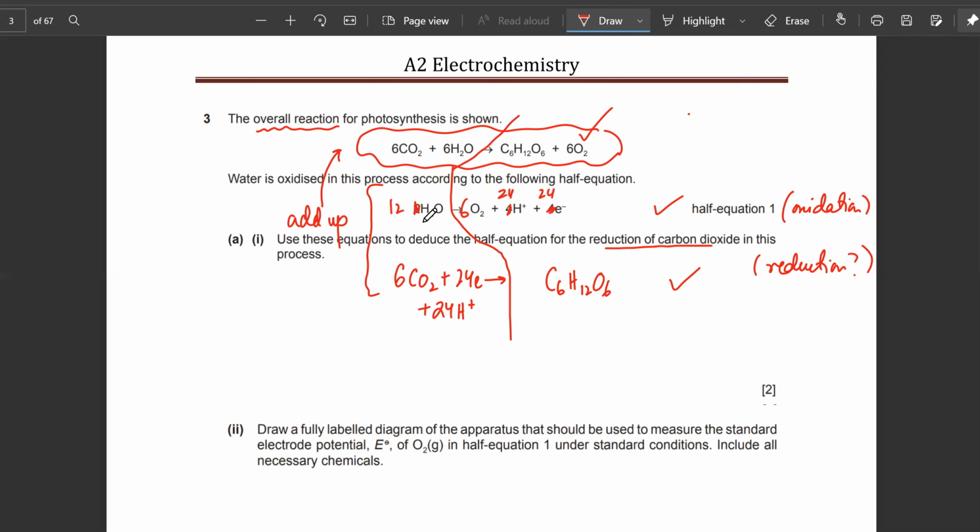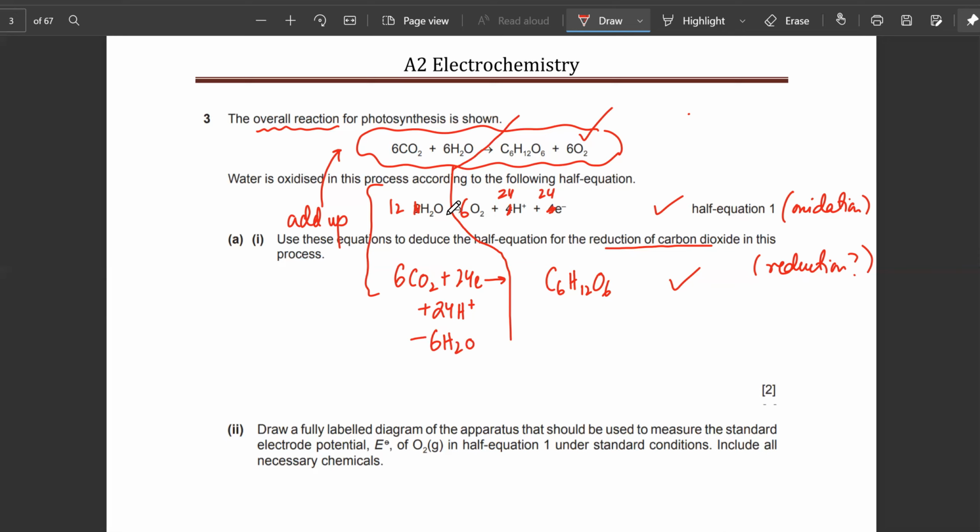If you add up the left side, you've got 12 H2Os and you've got 6 CO2s. But they should add up to give you 6 water molecules, and you have 12 water molecules over here. That means 6 of the water molecules are getting cancelled out.